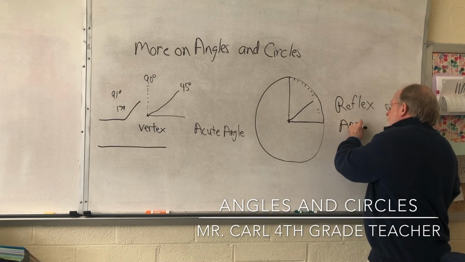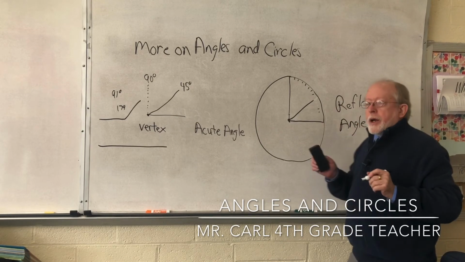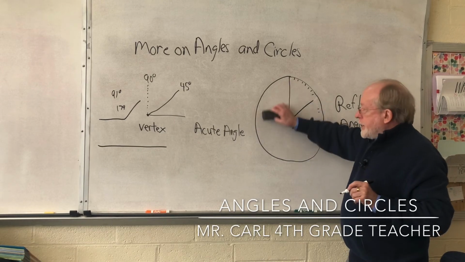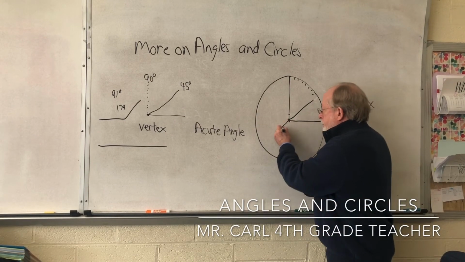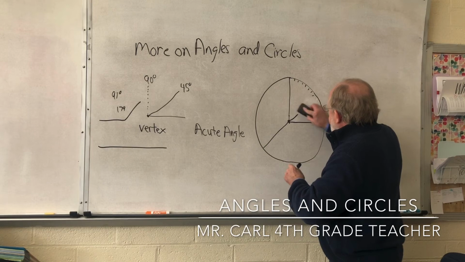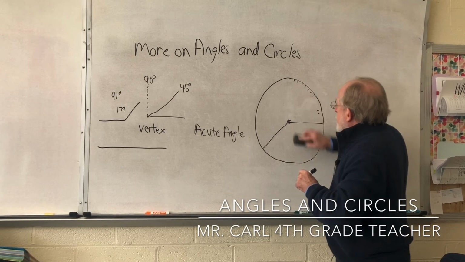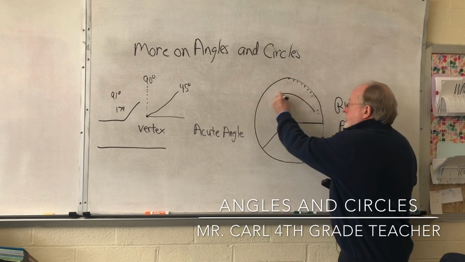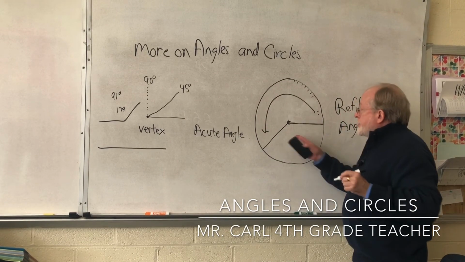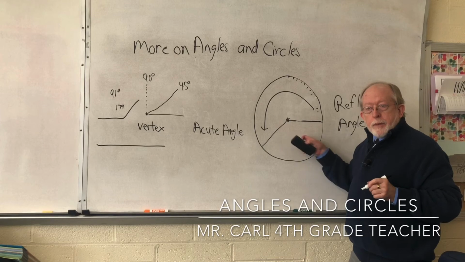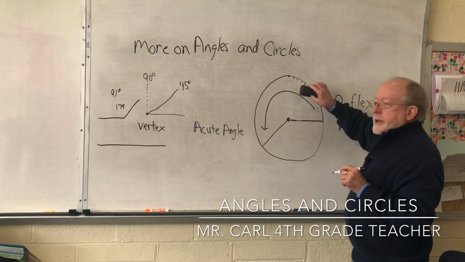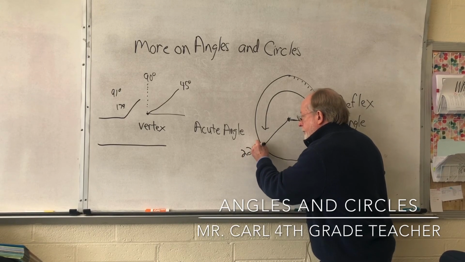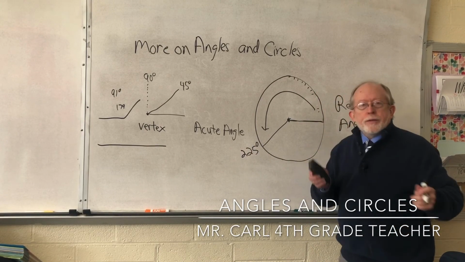And that might be one you've never heard of, but that's one where it goes all the way past 90 degrees and can go even down as far as, say, let's remove this, and that line here, and here's again our baseline, and the reflex angle goes all the way, and if we turn this upside down, it would be an obtuse angle here, but we're measuring again from the top, and we're going all the way to 225 degrees, and this is your reflex angle.